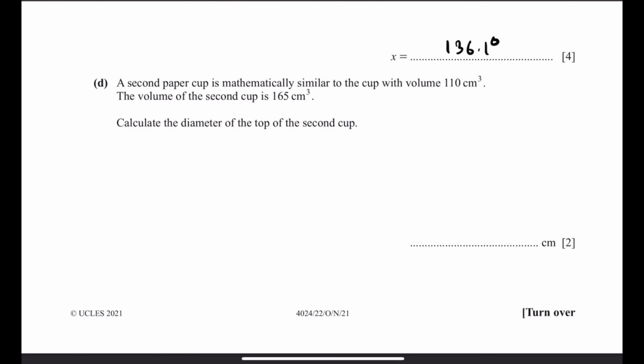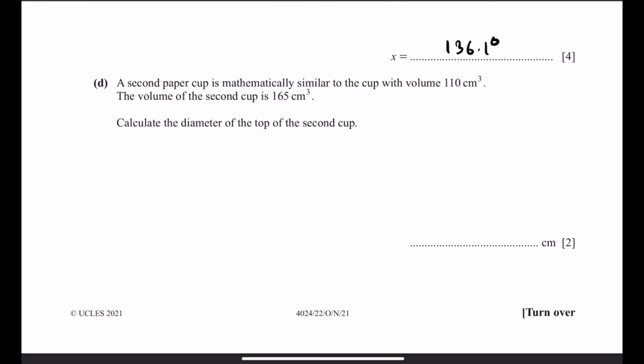A second paper cup is mathematically similar to the cup with volume 110 centimeter cube. Okay, the volume of the second cup is 165. We can write here now. We can use similar volume concept.